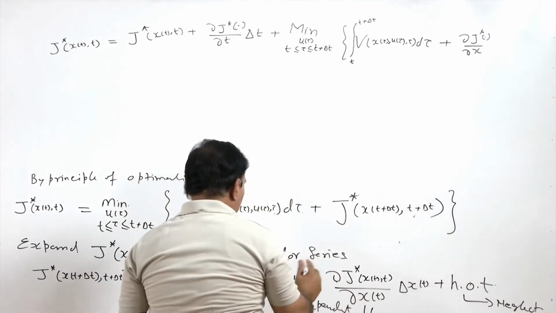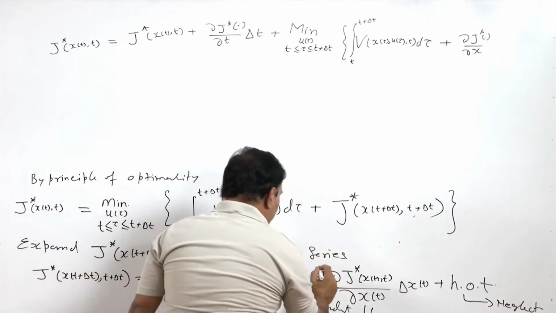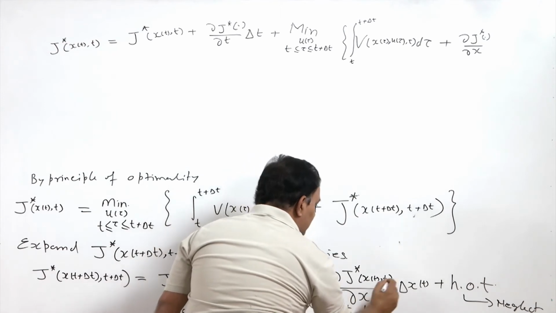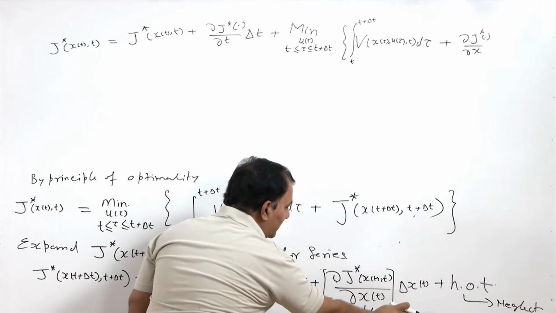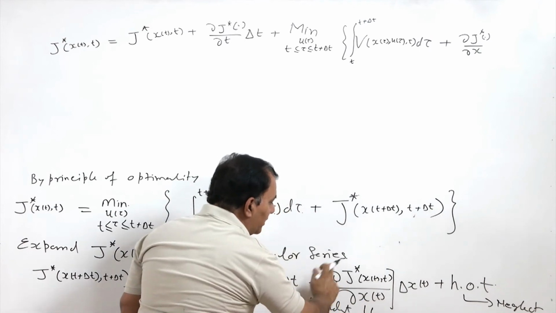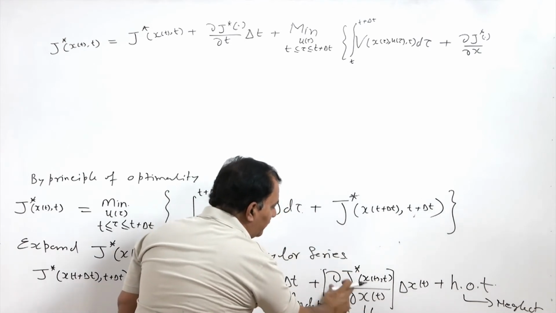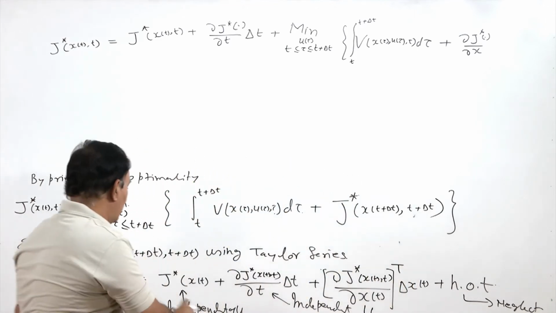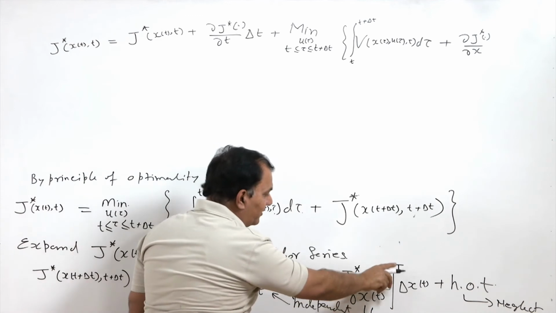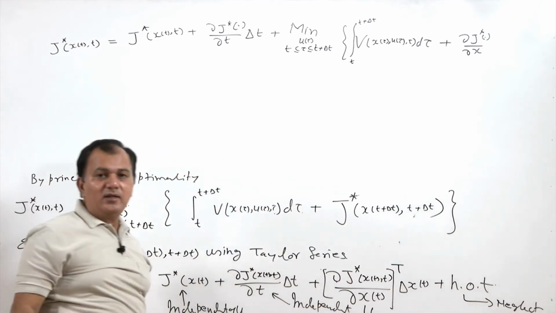If we match this, because x is a vector, this will also be the vector ∂J by ∂x1, ∂J by ∂x2. So, I have to take the transpose of this. So, actually this term will be (∂J by ∂x) whole transpose multiplied with Δx.